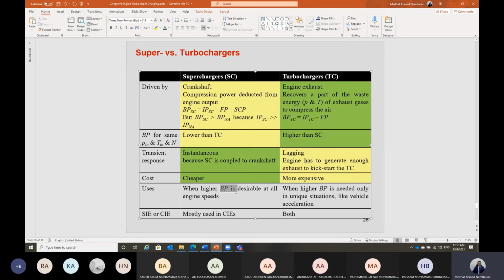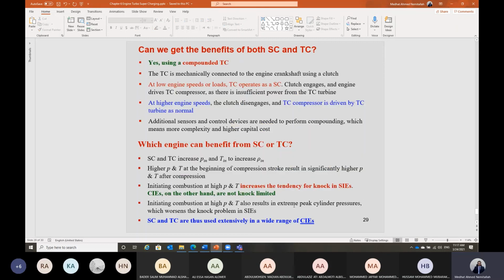The use is to enhance the brake power for both of them. For spark ignition and compression ignition engines, mostly we use a supercharger with the compression ignition engine, and in case of gasoline engines, we can use both. But in a gasoline engine, usually the gases are at high temperature, so we can utilize those gases in case of turbocharger.